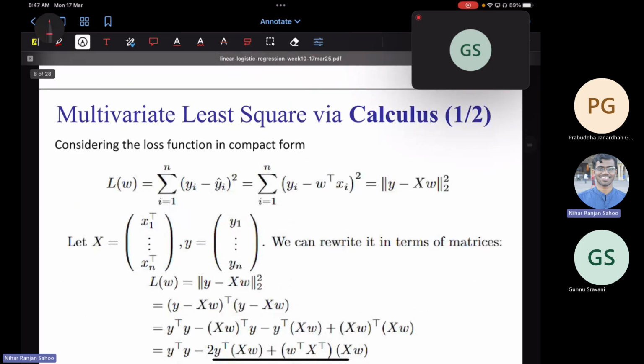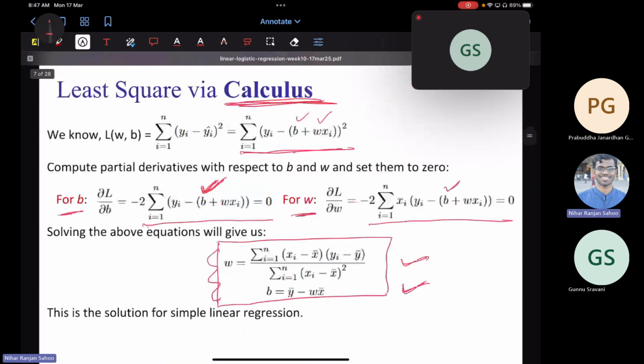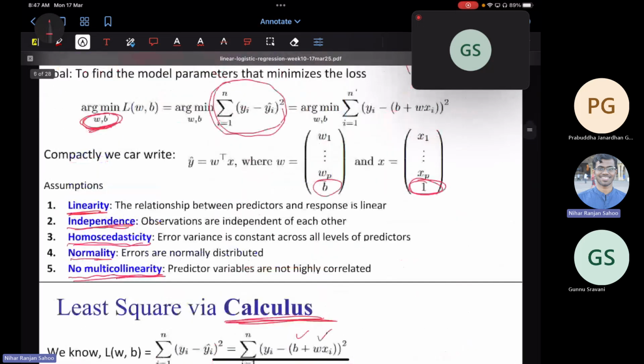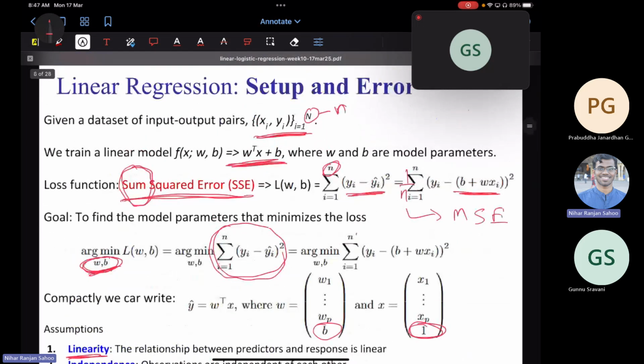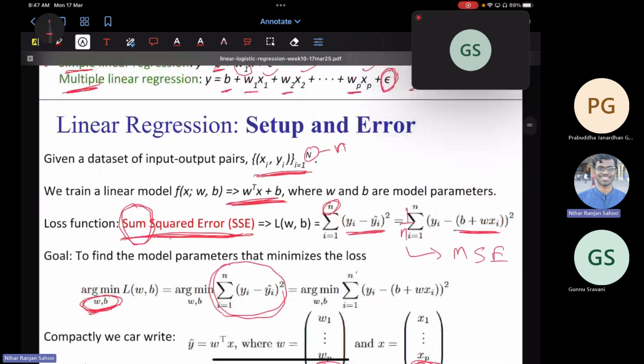Now coming to multivariate least square regression. Why did I suddenly say least square for linear regression? This squared error is because we are trying to minimize this. The other name for linear regression is least square regression.